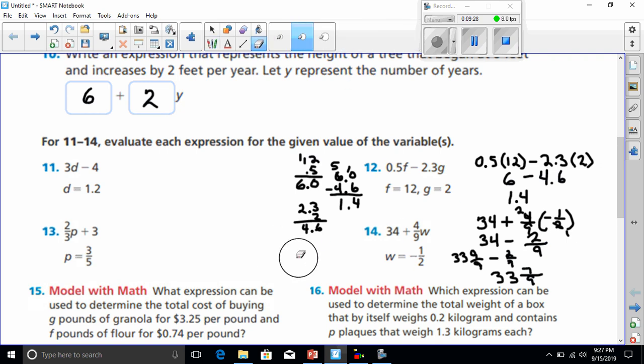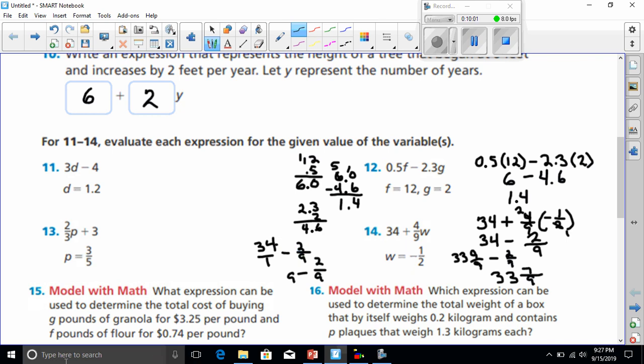If we did that, we would have 34 over 1, and we'd be subtracting 2 over 9. Well, then we'd have to turn this into 9ths, which means we'd be multiplying this by 9 and this by 9, right? What is 34 times 9?